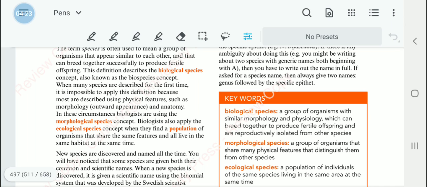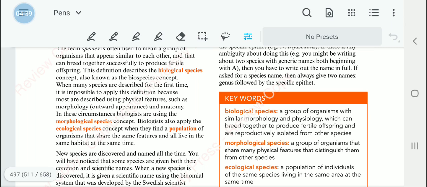We don't talk about the anatomy. So this is not the best way of defining a species.